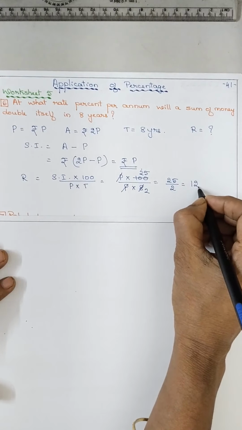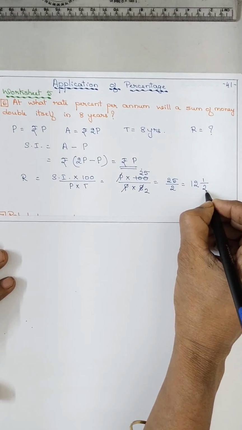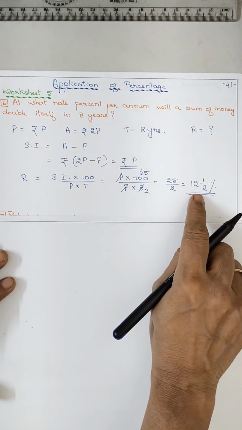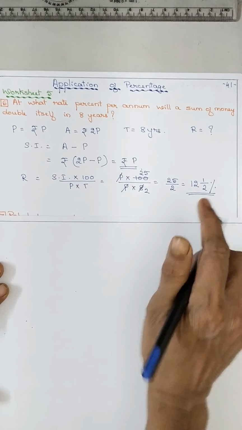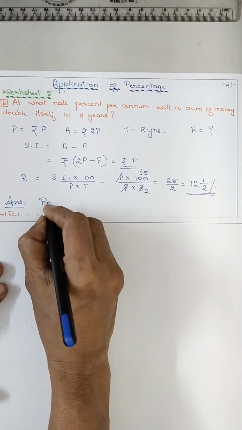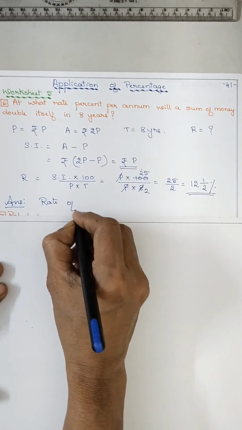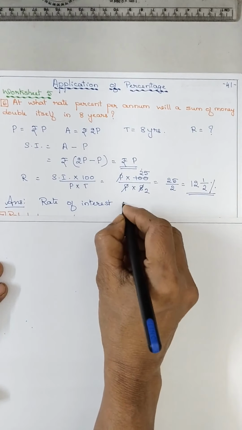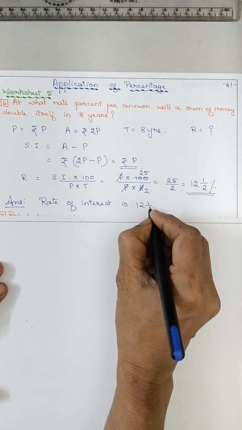2 12s are 24, 1 remains. Now here it is R, so it is a percent. So the answer, rate of interest is 12.5%.